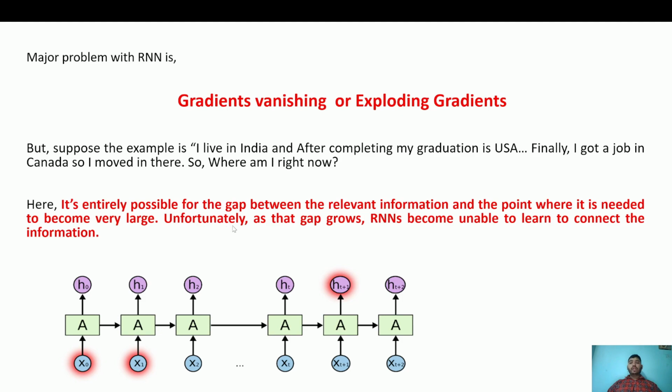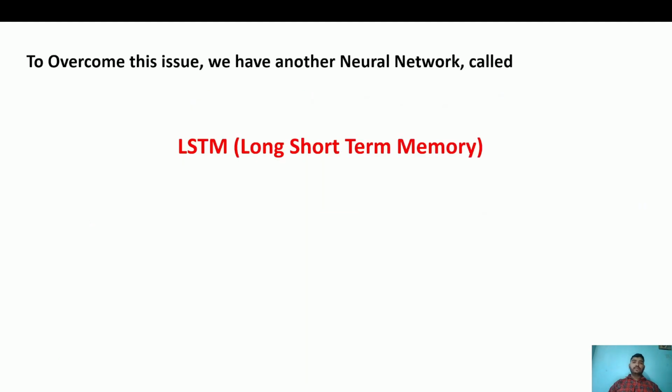And unfortunately, as that gap grows, RNN becomes unable to learn to connect the information, right? Here you can see the gap between these two is very big, so RNN cannot remember the very past information, and this problem is called vanishing gradients, or exploding gradients.